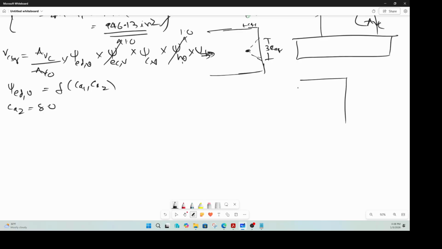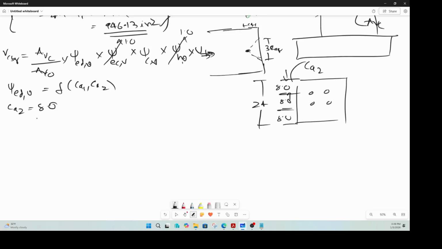Because why is CA2 8.0? You have your 4 anchors like that. CA2 is this distance, which is 8.0. The spacing is another 8.0, and this is another 8.0, making this entire thing 24, right? So that distance is again CA2, right?